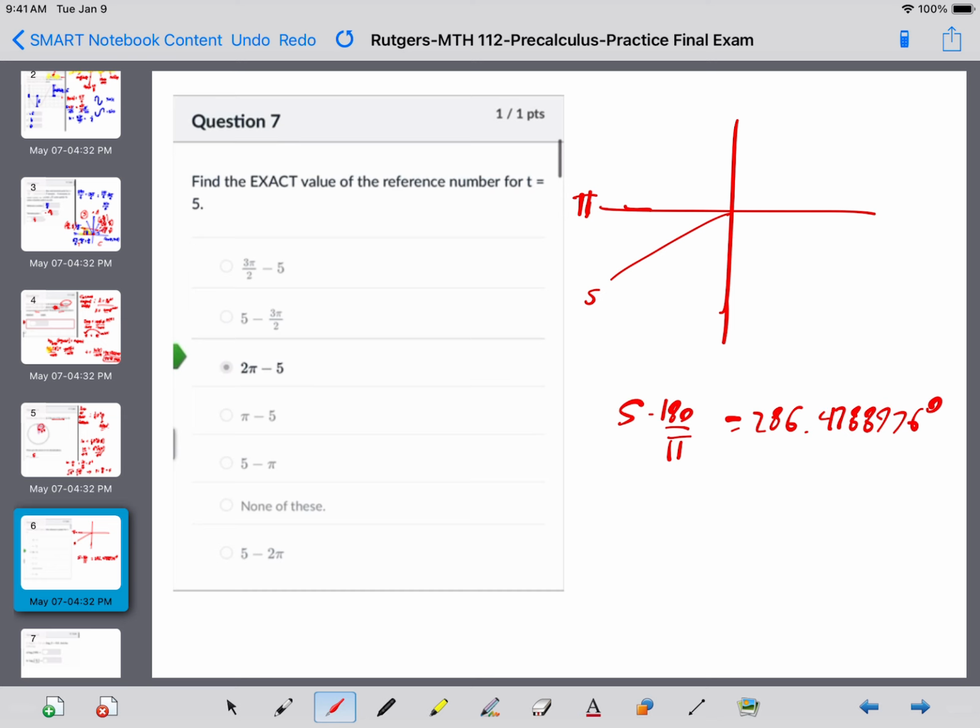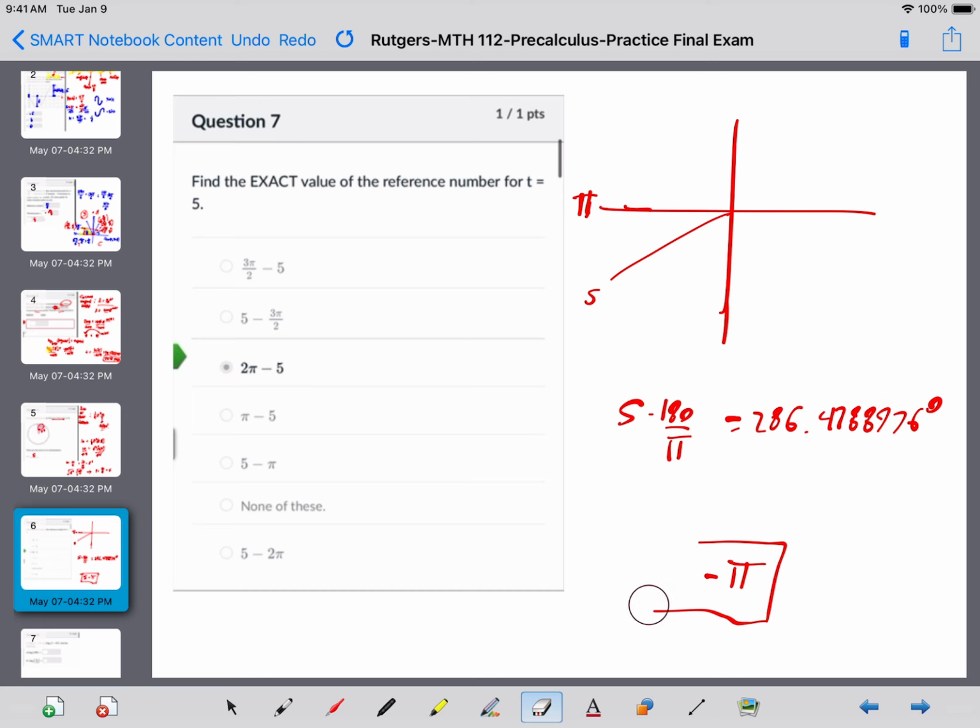So if it's in quadrant 3, the way we find the reference angle is you would take the bigger number and subtract it from pi. Oh, I see.